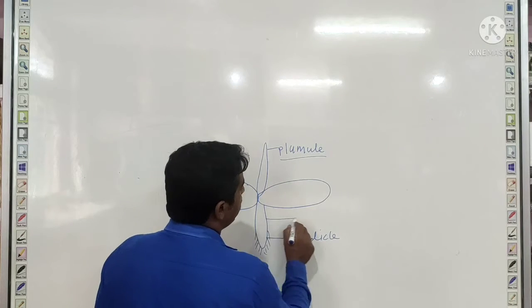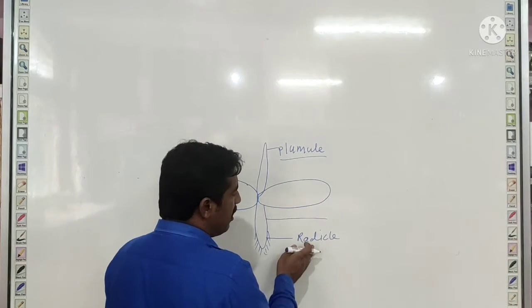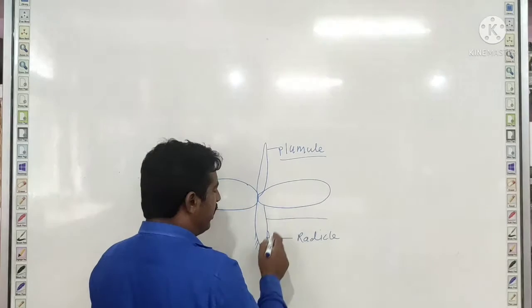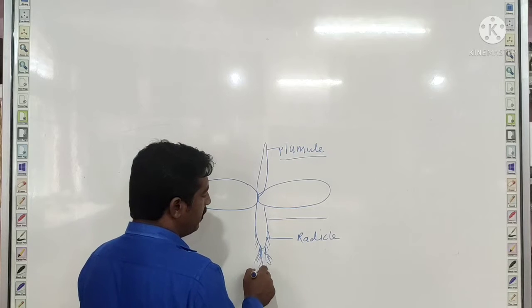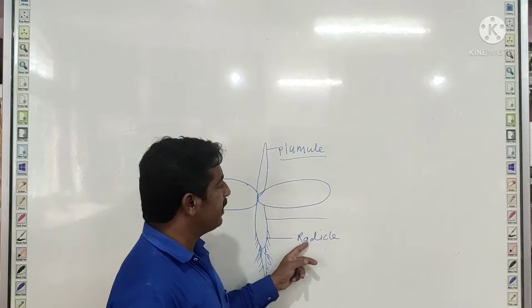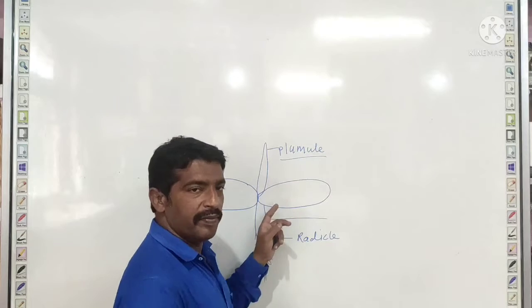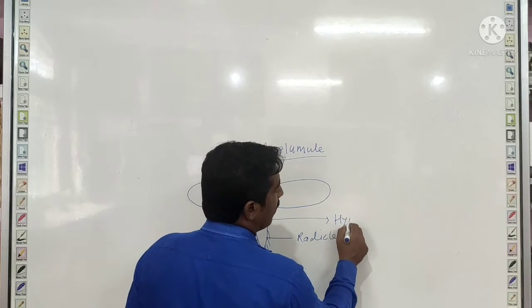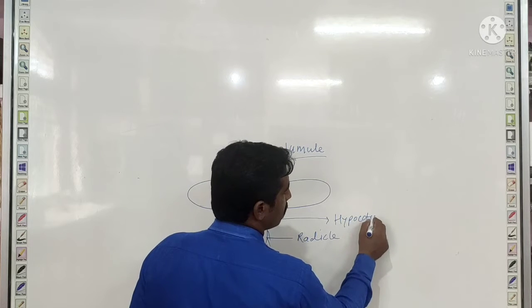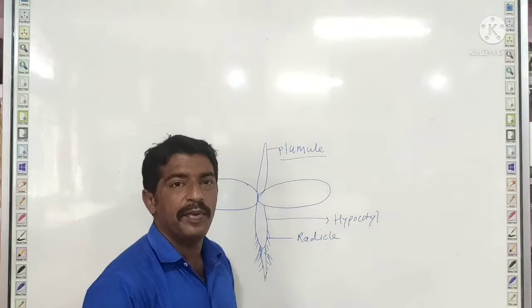A region between the radicle and the cotyledon, that is the region between the radicle and the cotyledon, is called the hypocotyle.